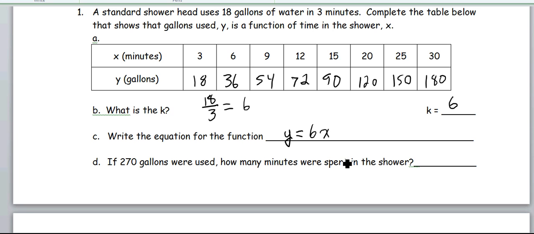So all I have to do is plug in 270 from my Y, over here on the left side, 270, and then I'm going to divide by the 6, the K, because I want to figure out my X. So 270 divided by 6, as you can tell I'm doing this on my calculator, is 45.